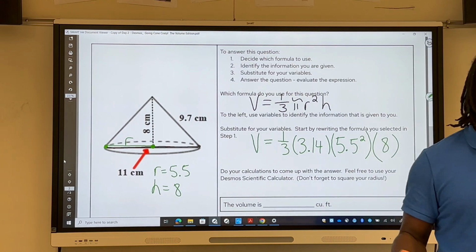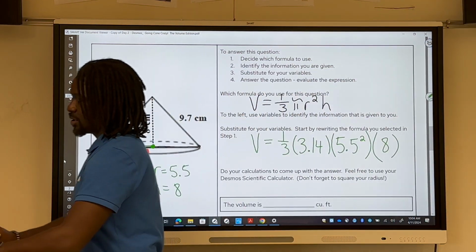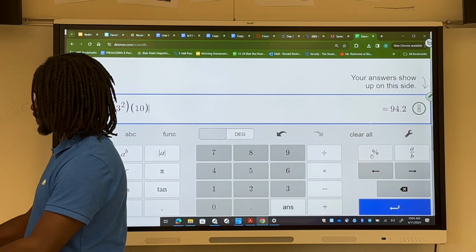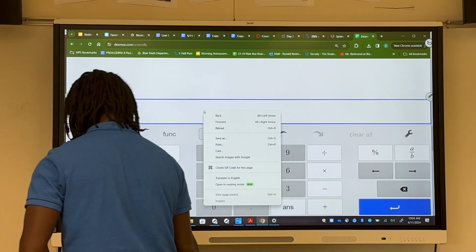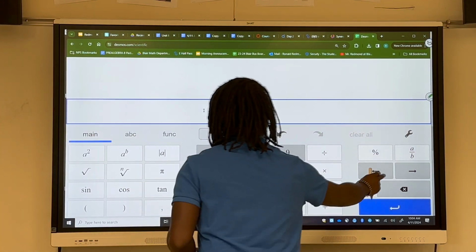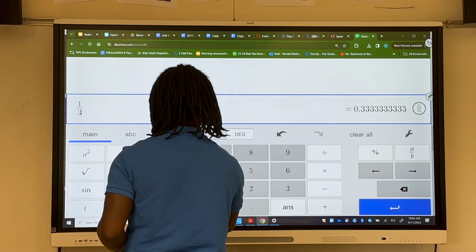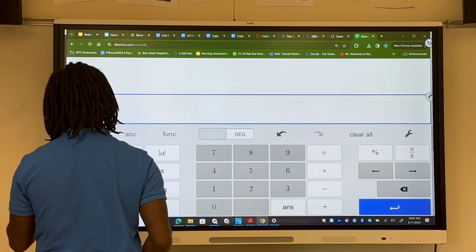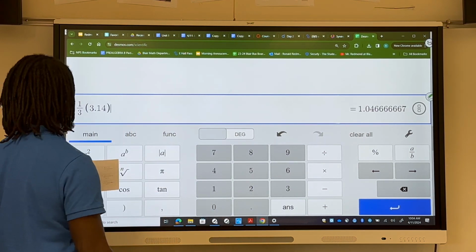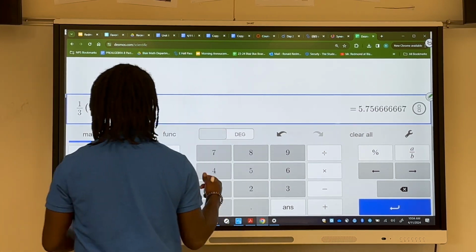Okay. And so then I am going to take that and I'm going to plug that into my calculator. Okay. Clear this. So again, we got 1/3, okay, times 3.14 times 5.5 squared.